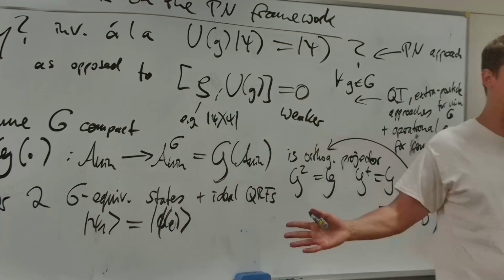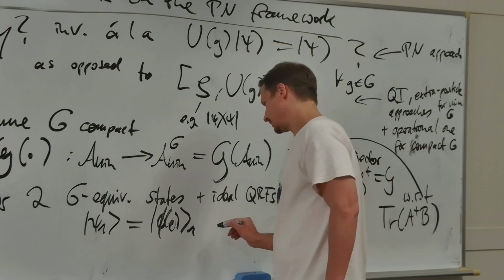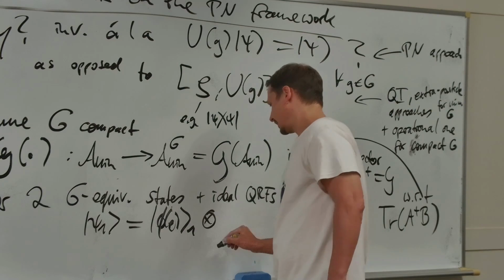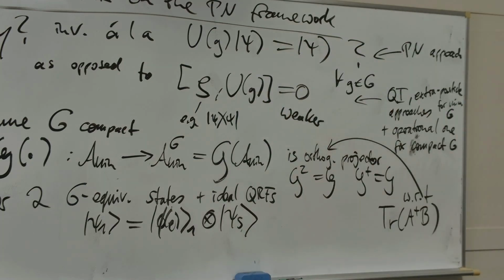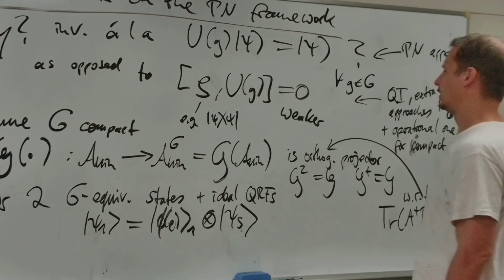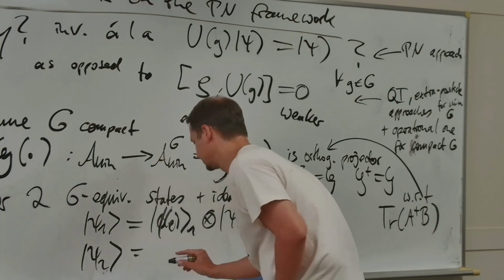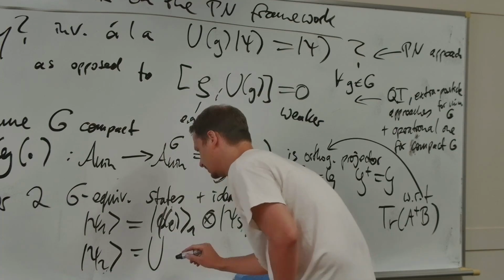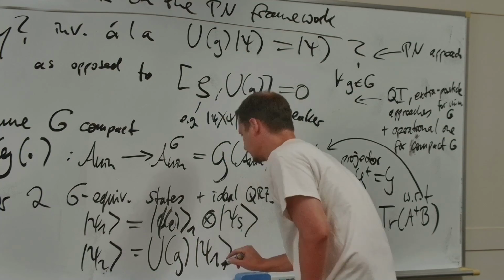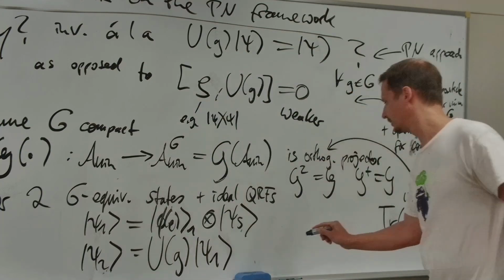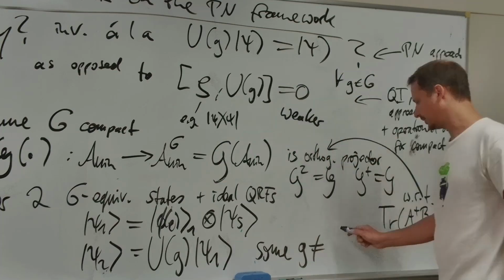If the group is finite, it will be an actual Hilbert space element. Then there are some system states; it doesn't have to be any particular system state. Then we can consider psi 2, which is just some U of g times psi 1, where g is not the identity.